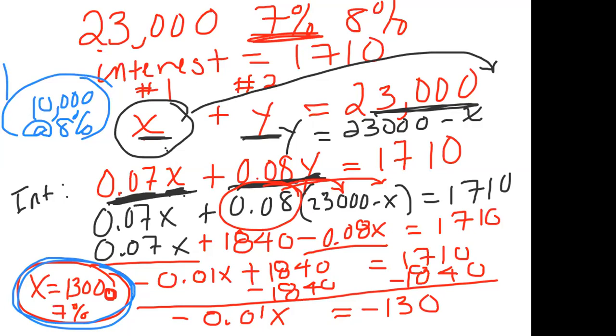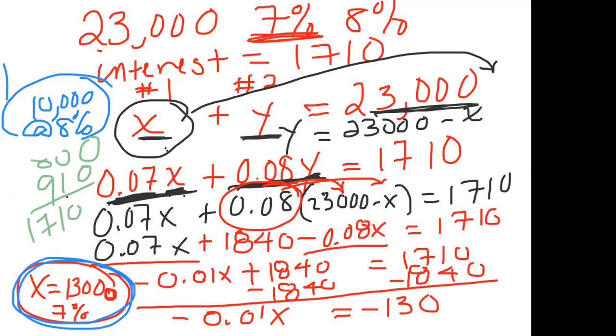Let me grab a different color. 8% of 10,000, that's 800. Okay? And then you're going to do 7% of 13,000. Now, 13,000 times 7%, what does it come out to? 910. So if you were to take the 910 and add it to the 800, guess what it would add up to, guys? 1710. That's how you check your problem.